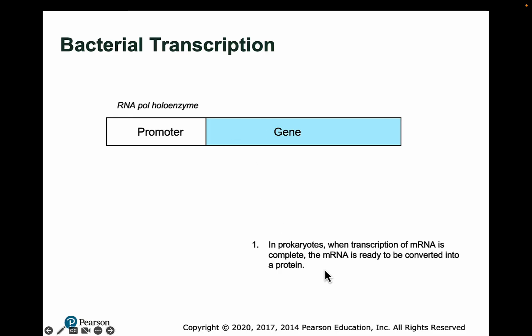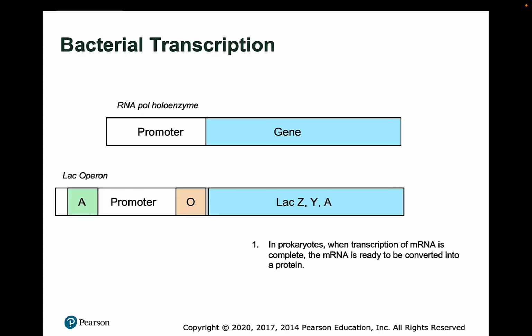Now, in prokaryotes, when the transcription of mRNA is complete, the mRNA is ready to be converted into a protein. And of course, this all happens in the cytoplasm because there's no nucleus. This process can be slightly more complicated than I'm depicting above because many genes are regulated, like the lac operon. We'll finish talking about the lac operon in lecture, but just to remind you, there are several genes that are regulated by one promoter.